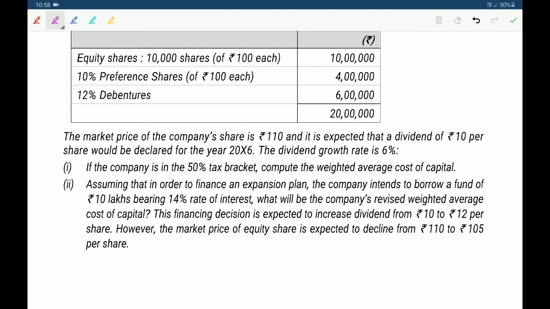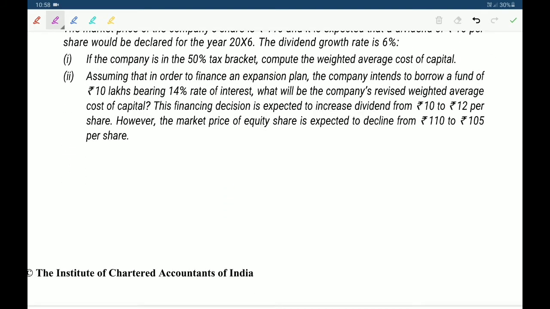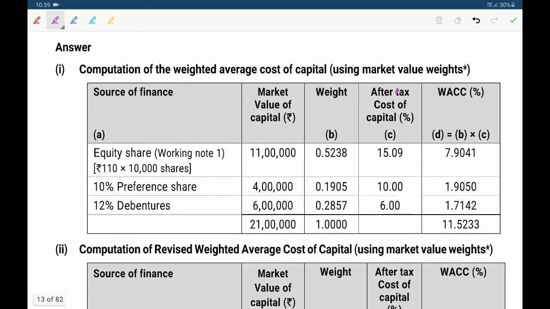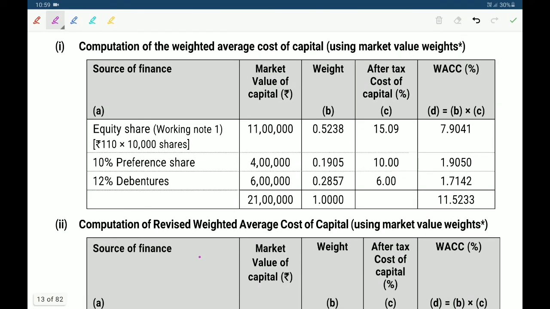Now we can find out weighted average cost of capital. So computation of the weighted average cost of capital using market value weights. Equity share capital, we already find out cost of equity. 110 rupees is the market price, 10,000 shares, 11 lakhs market value of capital. Next, 10% preference share, 4 lakhs. 12% debentures, 6 lakhs. Total 21 lakhs.